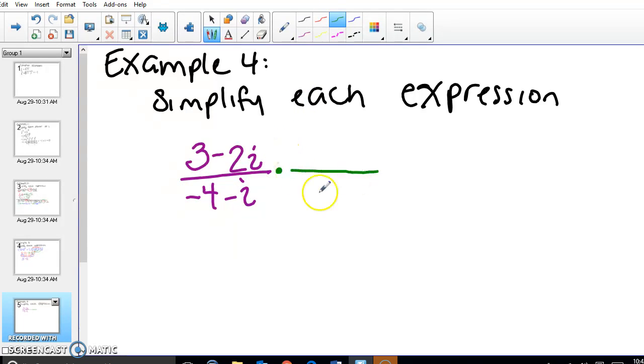And to make it a legal function, we're going to multiply the top and bottom. So our conjugate of negative 4 minus i is negative 4 plus i. When we do it to the top and bottom, this is the same as multiplying by 1, so we're not changing the value of anything. We're just going to change how it looks. We're going to find the equivalent expression. So we're going to multiply everything on the top and bottom.